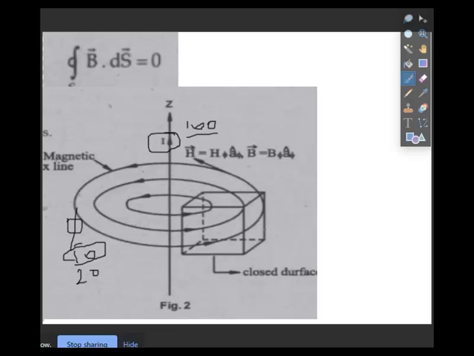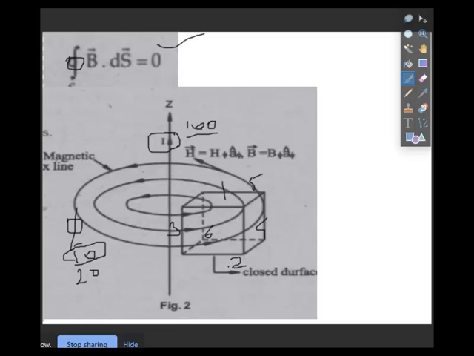There are 6 faces: top is first, bottom is second, left is third, right is fourth, back is fifth, and front is sixth. The top and bottom surfaces do not have any flux line crossing, and no flux lines touch the first, second, third and fourth. Only the 5th and 6th faces have flux lines crossing.